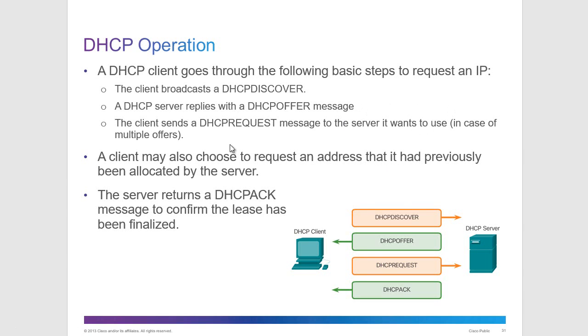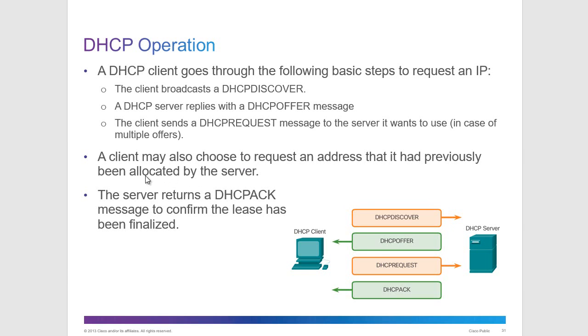Then the DHCP server says, okay, this address is available, and your client responds with, yes, I'd like that address, and the server says, okay, you can have it. So the first part is I need an IP. Second part is here's what I got for you. Then your client says, okay, can I have it? And the server says, yes, here is the address.